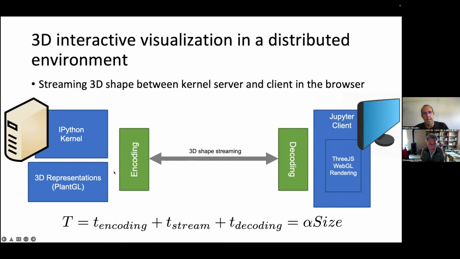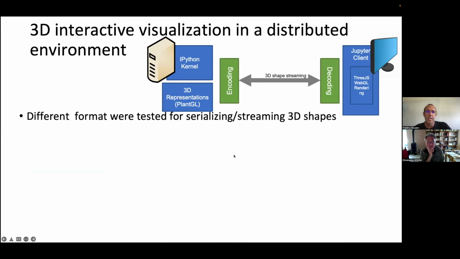So there is a compromise to find between the encoding and decoding times and the streaming times. For this, we tested different approaches to serialize and stream 3D representations.